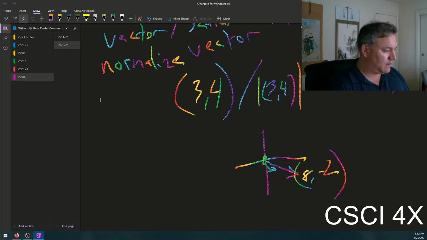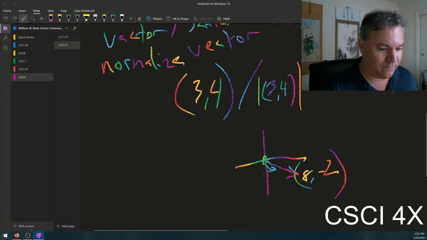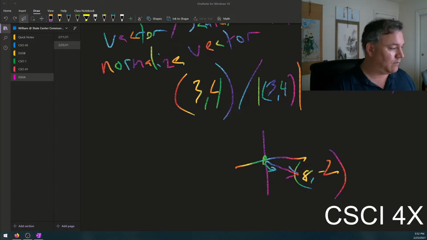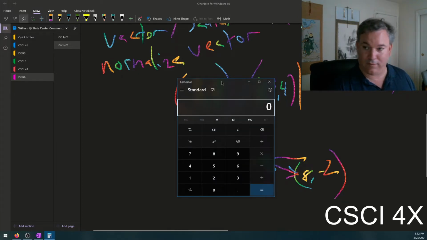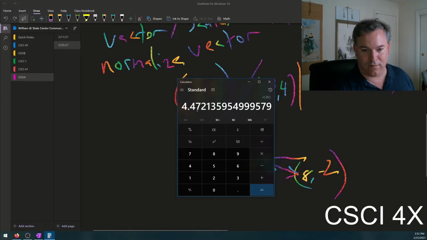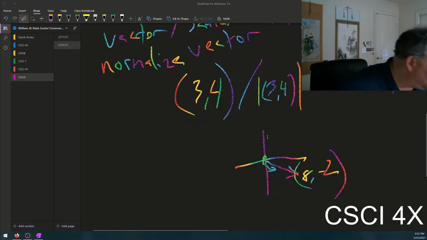So Stafford divided both of these by 2. That -4, 2 is not a unit vector, right? Because it's of length greater than 1. You can always double check your work by taking the length of whatever vector you get. 4 squared is 16 plus 2 squared is 4. Square root of 20. So you made a vector of length 4.4. That can't be a unit vector. A unit vector has length 1.